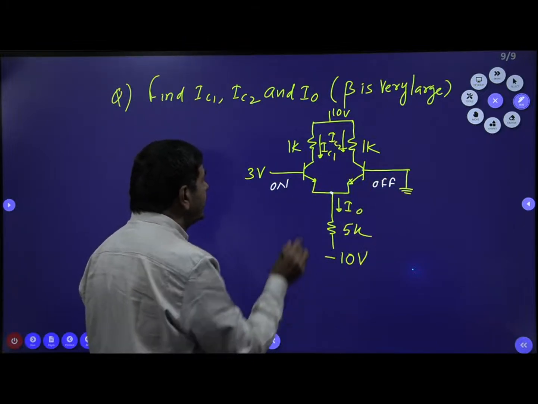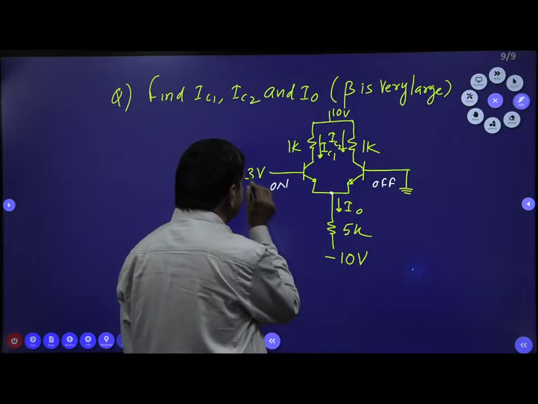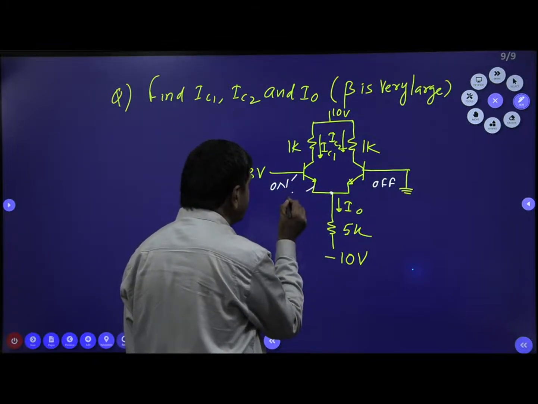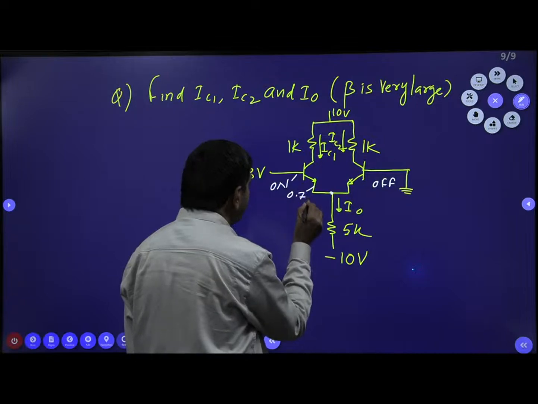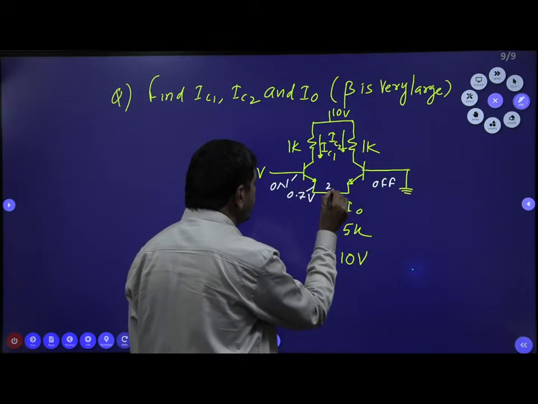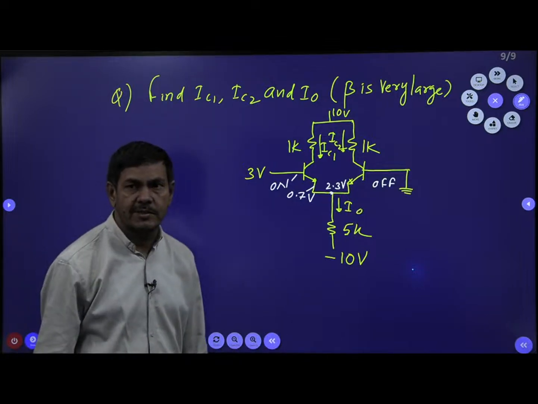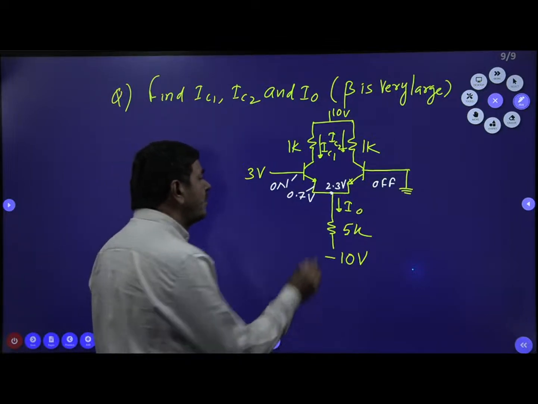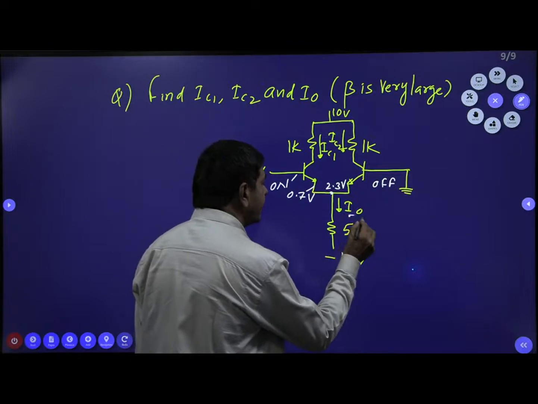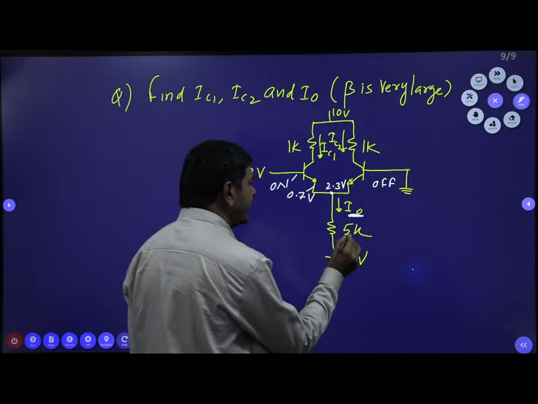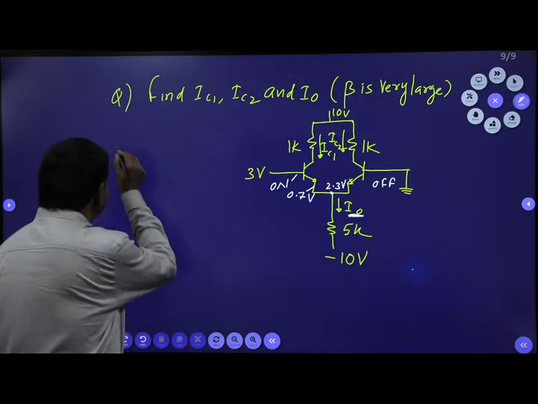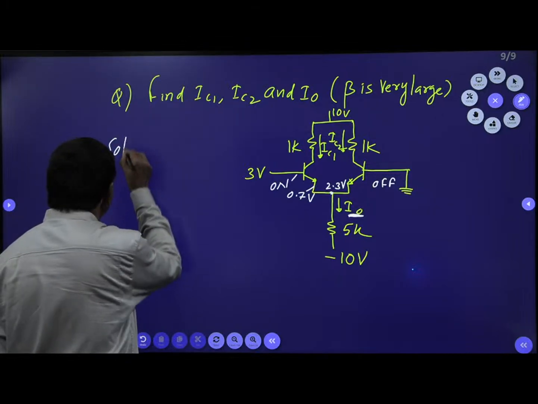Anyhow, this node voltage is nothing but 3 minus 0.7, which is 2.3 voltage here. Using this voltage, I can find I0. I0 is nothing but the current across 5K.